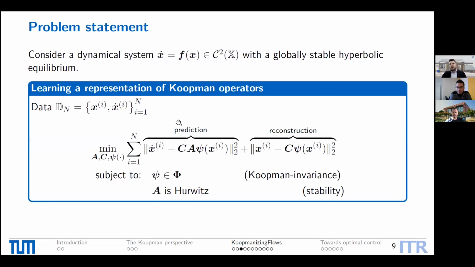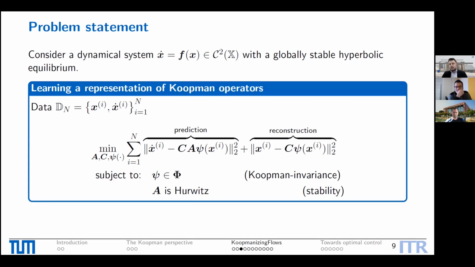So here is the full problem statement that we have. A dynamical system with a globally stable hyperbolic equilibrium. And we consider learning a representation from data because the problem is usually unsupervised, as well as we might only have data for the system and no actual analytical model at hand. So we can see here that the loss predicates on predicting the infinitesimal change of our state and minimizing the reconstruction error as well.